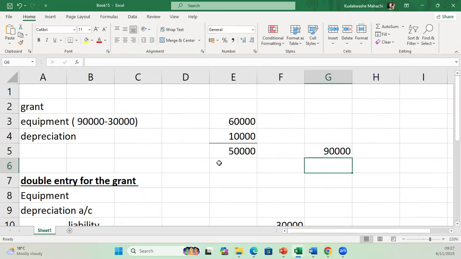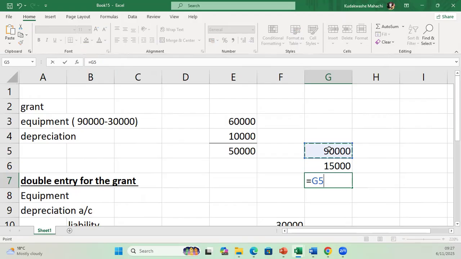So it means how much should have been the depreciation for the first year? How much should have been the depreciation for the first year, divided by 6? 15,000. So 90,000 minus 15,000.